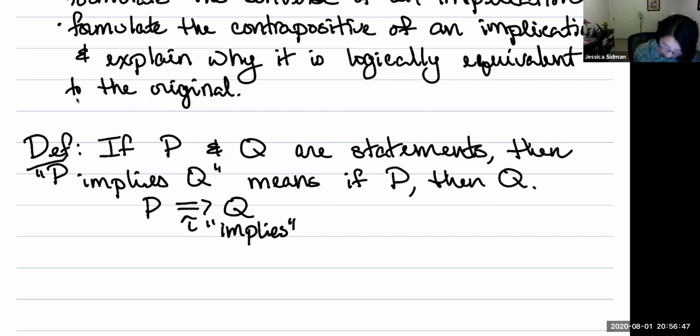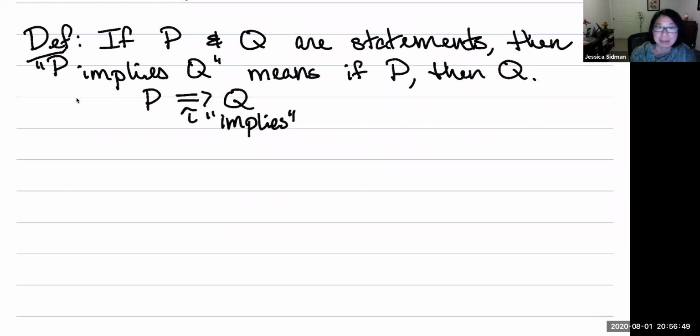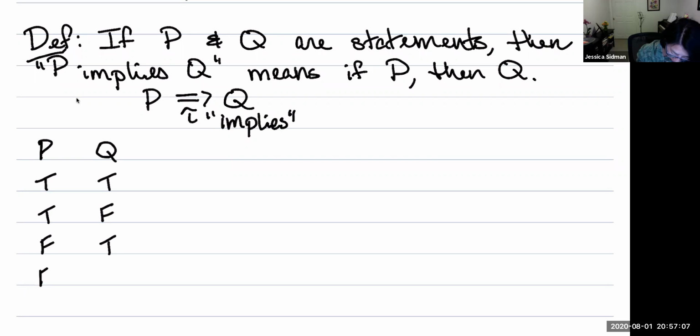Before we do an example, let's look at the truth table for this. When we make our truth tables, remember, we look at all the possible combinations of truth values for P and Q: both true, one true and one false, and both false.